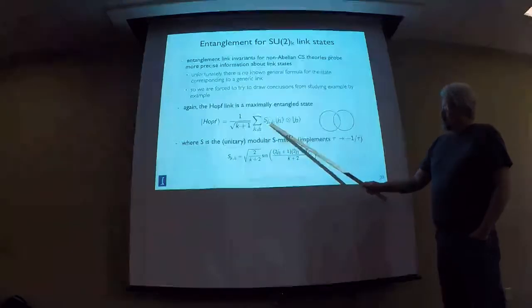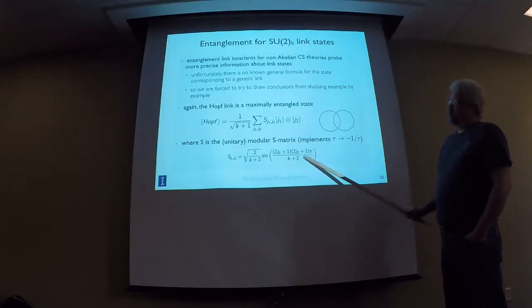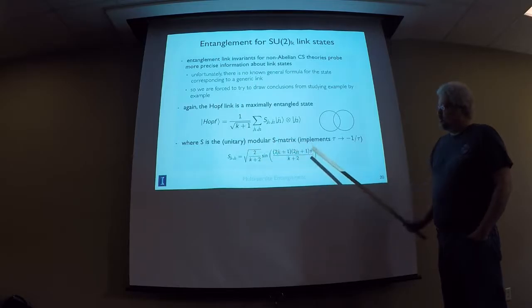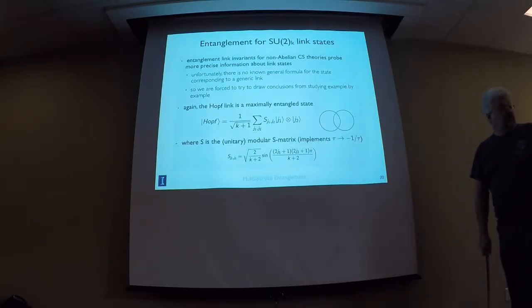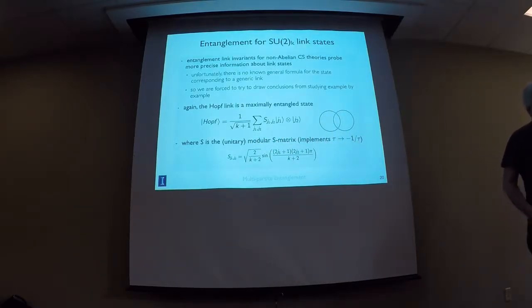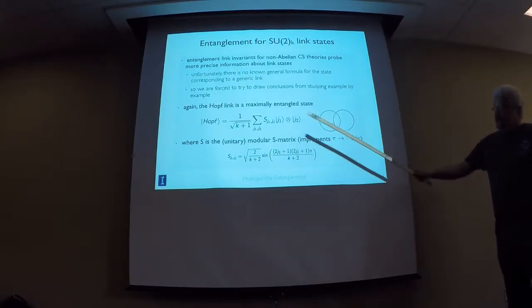Here's what it is for SU2, but we don't actually need to know that much detail. It's the thing that implements tau goes to -1 over tau. The important thing, as we'll see in a second, is that it's a unitary matrix.